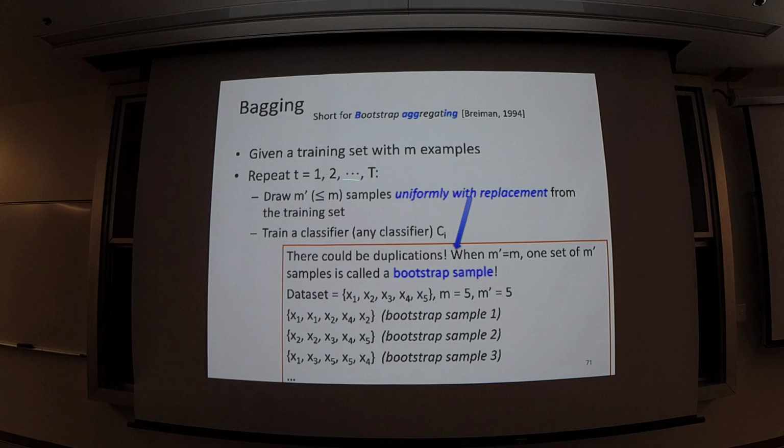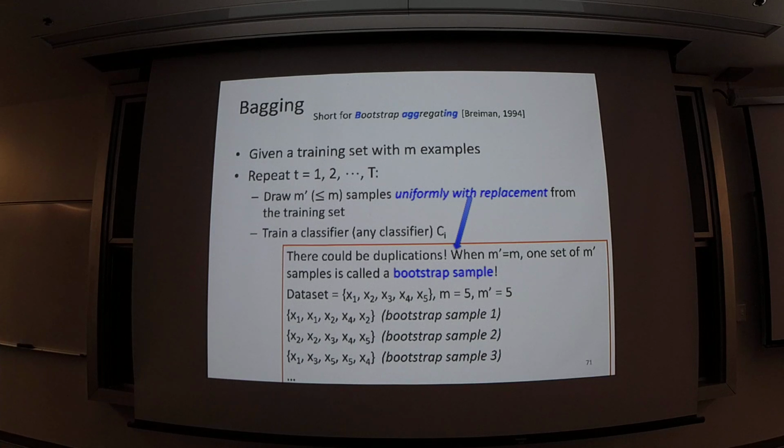But for bagging, we do not restrict this. We do not require you to carefully pick a weak classifier which is just slightly better. Actually, we want you to pick complicated classifiers or learners.